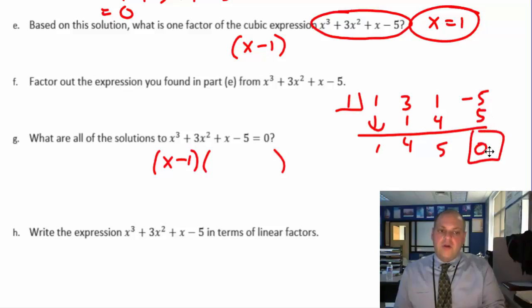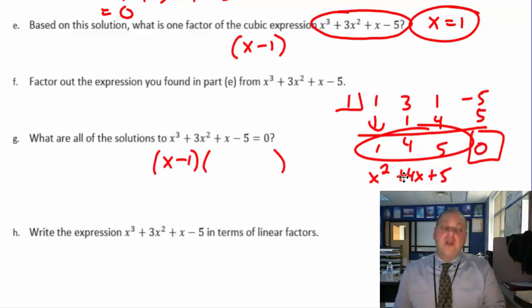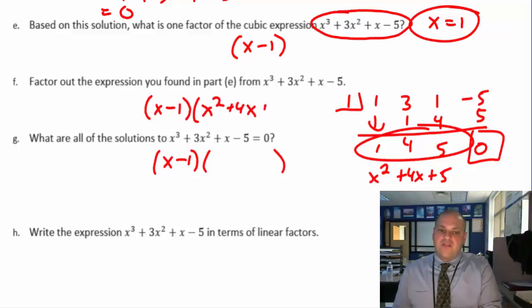We got to get that 0. And then remember, these right here are the x squared, the 4x, and the 5. These are the coefficients of our quadratic. So that's the leftover, x squared plus 4x plus 5. So it's going to be x minus 1 times x squared plus 4x plus 5. Okay?